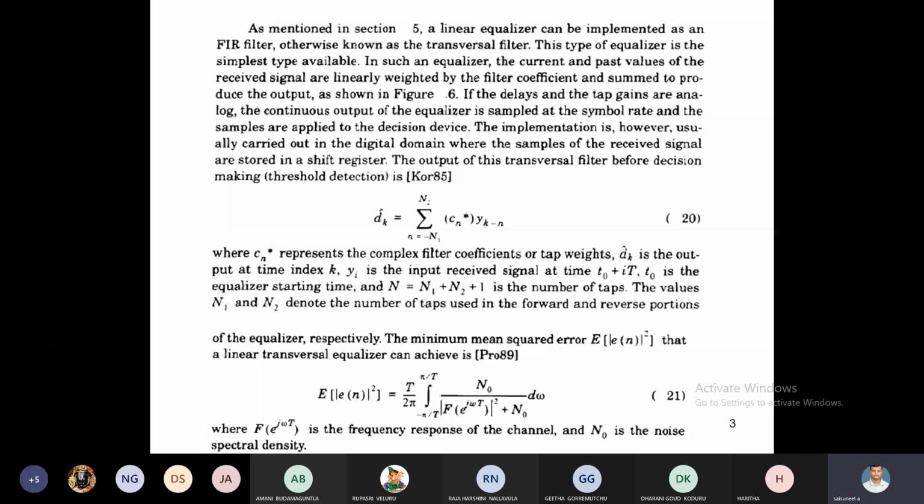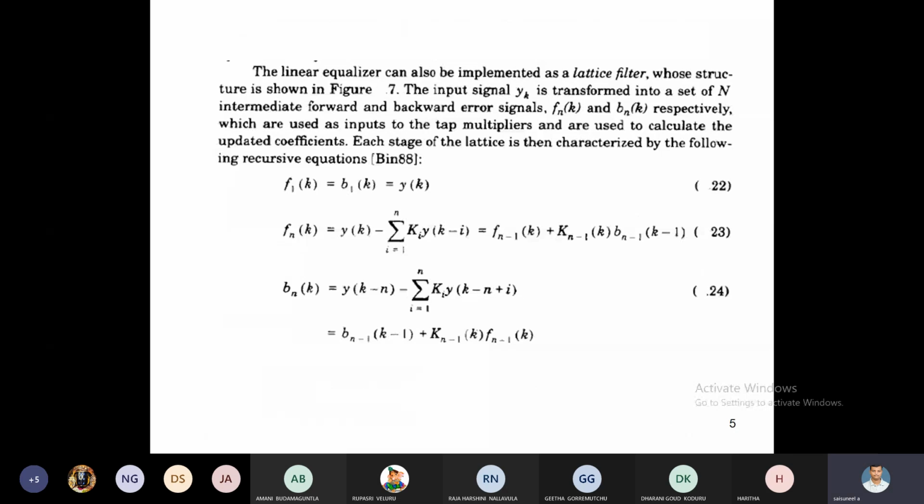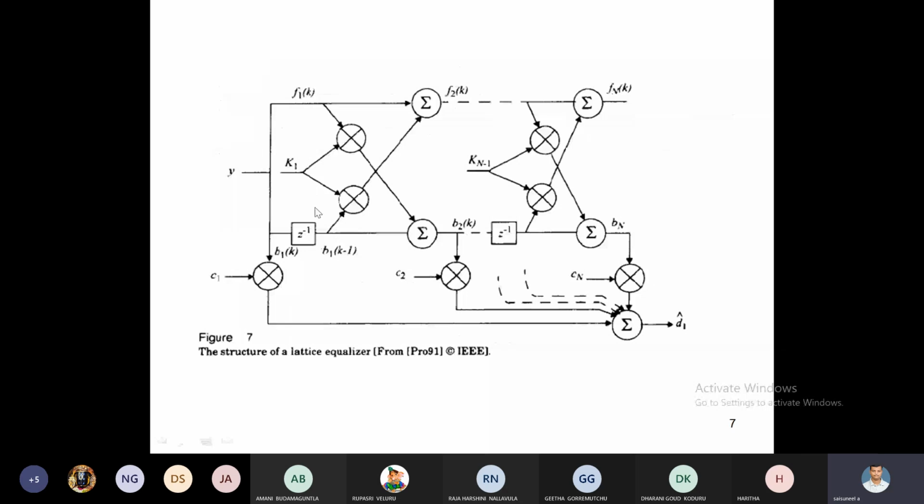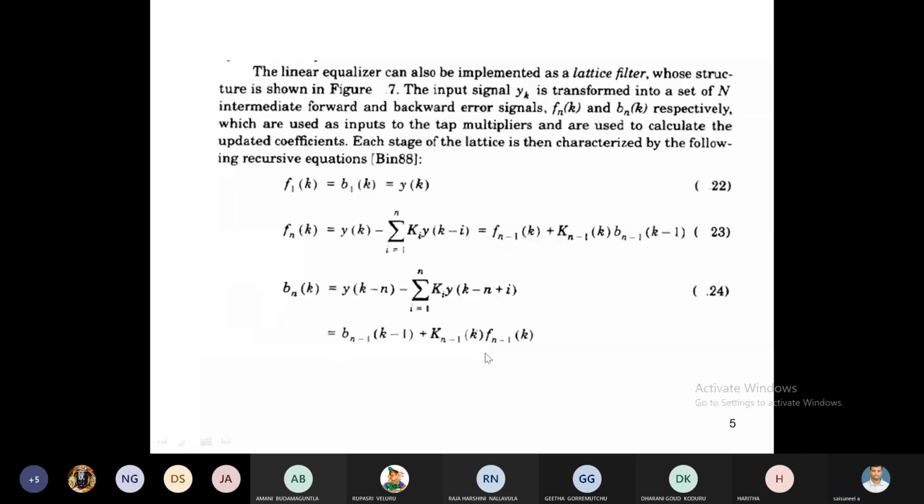See this figure: f n k is the forward direction and b n k is the backward direction. The output is given to the next stage.